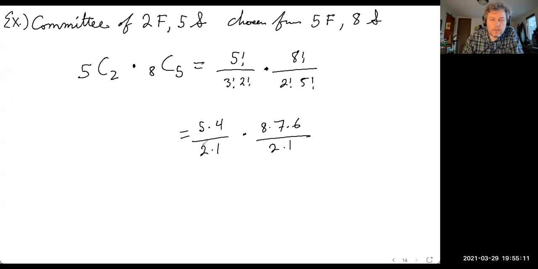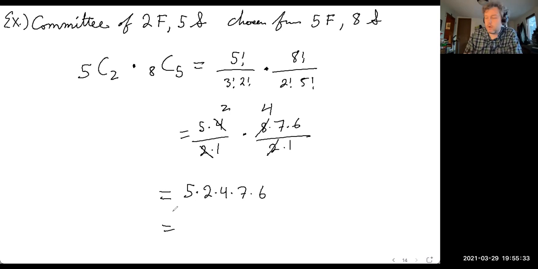There we go. And let's see, what can we get rid of? 2. So the 4 becomes a 2. And with this 2, we can either turn the 8 into a 4 or the 6 into a 3. It's totally your choice. I guess I would pick that to be 4. So we have 5 times 2 times 4 times 7 times 6 as our answer.